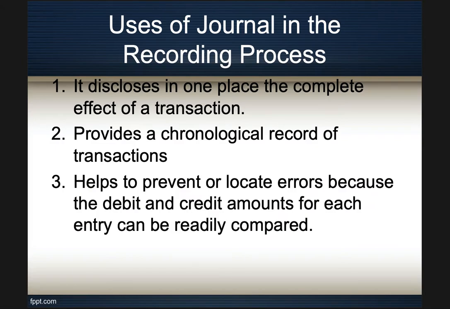And it helps to prevent or locate errors because the debit and the credit amounts for each entry can readily be compared. Now it will be clearly understood as we go along with some of my examples later on.